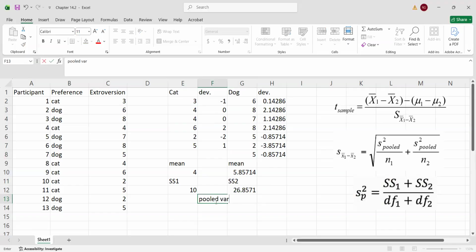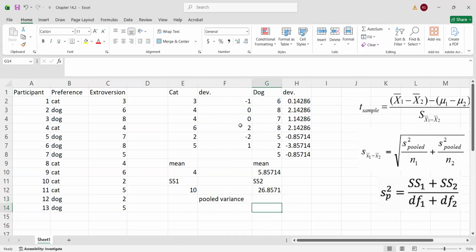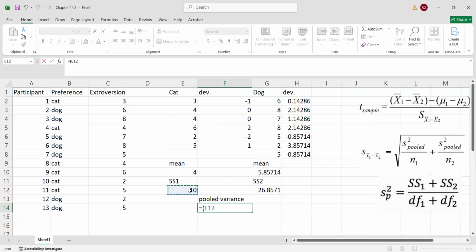So let's put a little piece here. This is going to be pooled variance. I'm going to expand this a little bit. So the pooled variance is equal to, and I'm going to put some parentheses to help us with order of operations, our first sum of squares plus the second sum of squares. I'm going to close those parentheses off and then divide it by the degrees of freedom of group 1 plus the degrees of freedom of group 2.